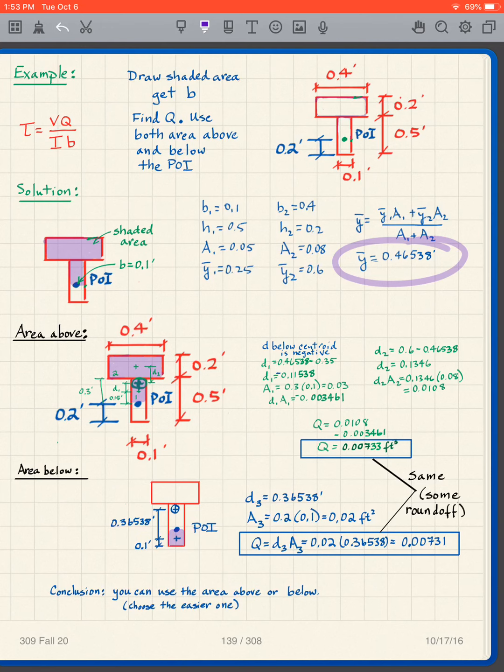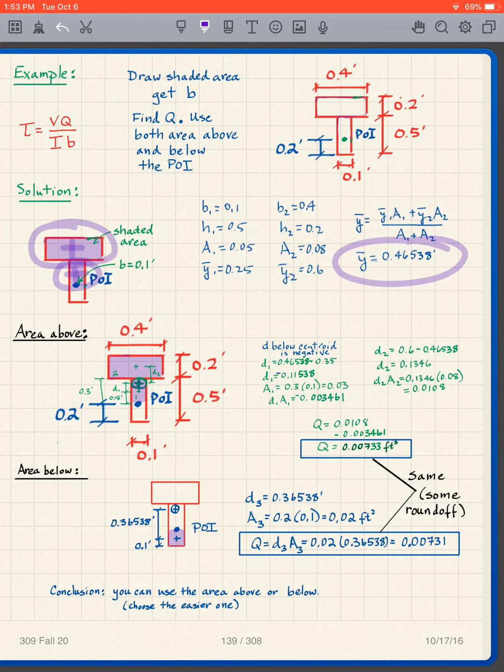Little bit of a trick, a little bit of a complication I haven't explained yet. Okay, so what I have now is I have this area here, and I've got this area here. So I need to find the centroid of both of those rectangles. The centroid for that rectangle is the middle of that rectangle, and the centroid for that rectangle is the middle of that rectangle.